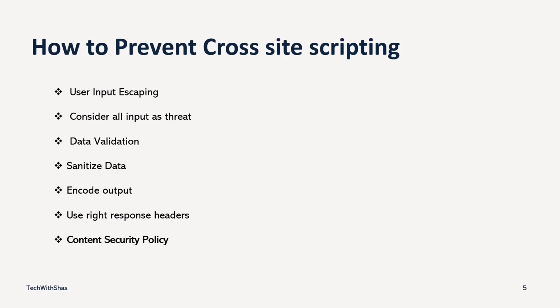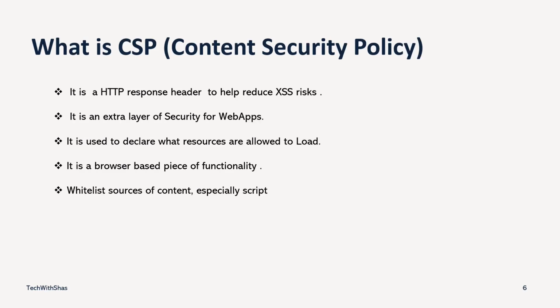But in this video, we are talking about the content security policy, and how we can secure our content with this CSP. So let's go through that policy. As I explained initially in this video, the content security policy is an extra layer of security.